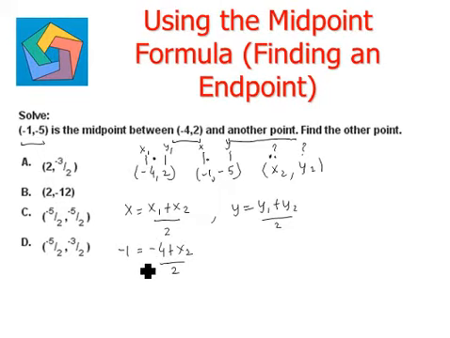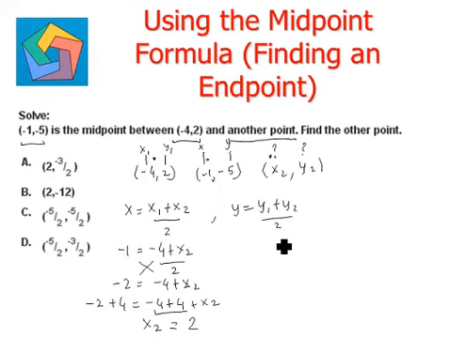We cross multiply. 2 times -1 is -2 equals -4 plus x2. Now we add 4 on both sides. -2 plus 4 equals -4 plus 4 plus x2. So this -4 plus 4 becomes 0.